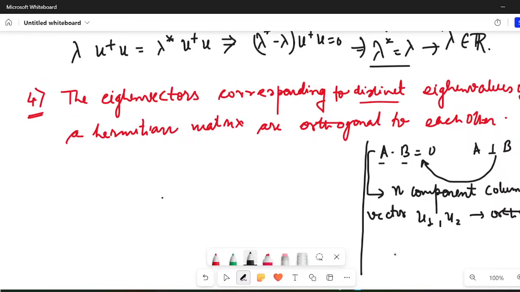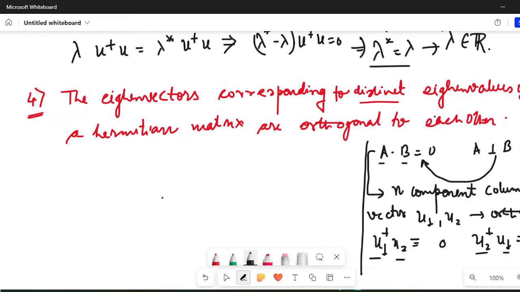Then it implies that u1 dagger u2 is equal to 0, and also u2 dagger u1 is equal to 0. So if the column vectors u1 and u2 are such that u1 dagger u2 is equal to 0 and u2 dagger u1 is equal to 0, then I will say that u1 and u2 are orthogonal to each other.